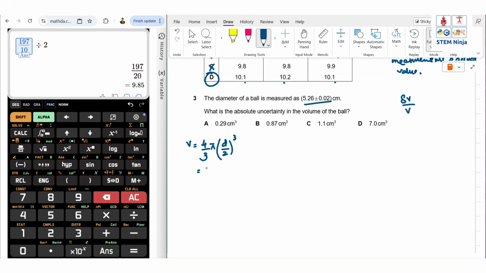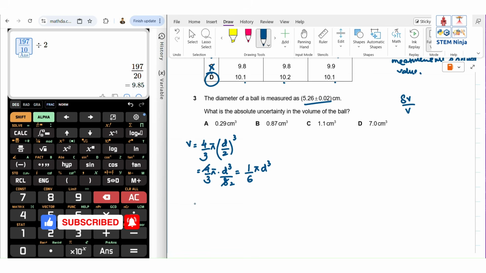So in fact, we can write it as 4 over 3 pi d cubed over 8. You can further simplify this as 1 over 2, but you can leave. Okay, so 4 times 2 is 8, so 3 times 2, 1 over 6 pi d cubed.